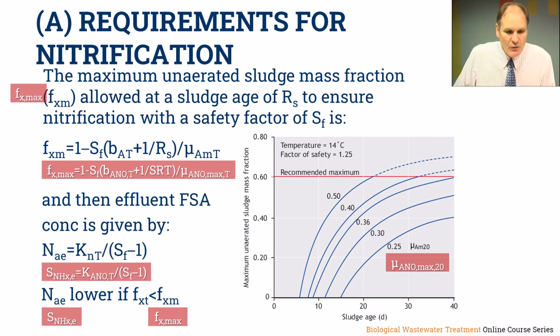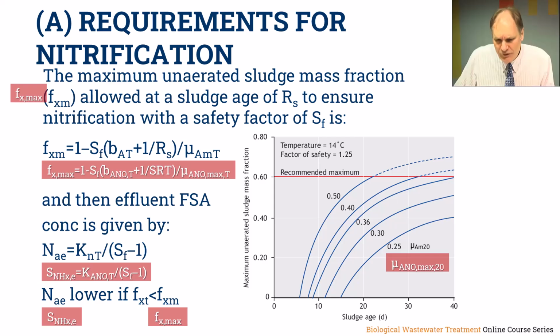And so we established from our nitrification kinetics that the maximum unaerated sludge mass fraction that I'm allowed to impose on an activated sludge reactor is 1 minus the factor of safety of nitrification, which is essentially a reduction factor on the maximum specific growth rate of nitrifiers, the endogenous respiration rate plus the inverse of the sludge age. And this equation here is plotted as lines in this graph.